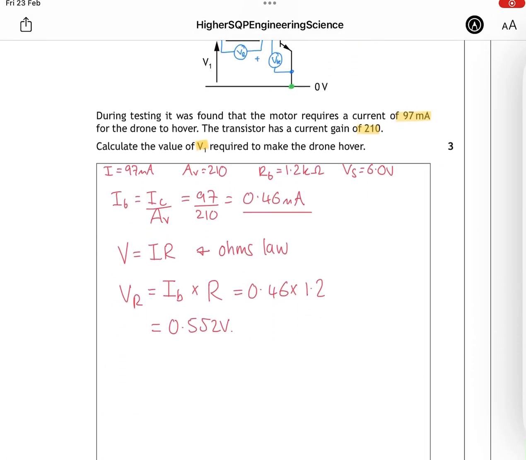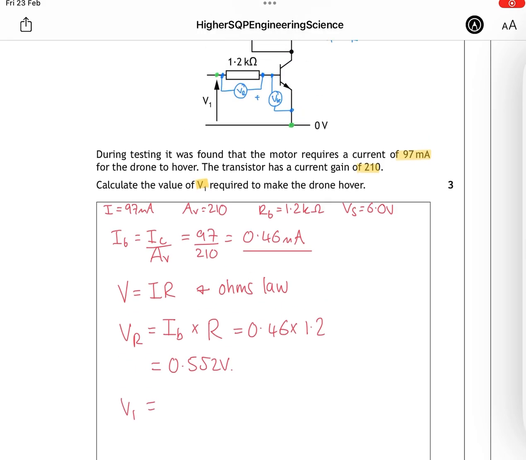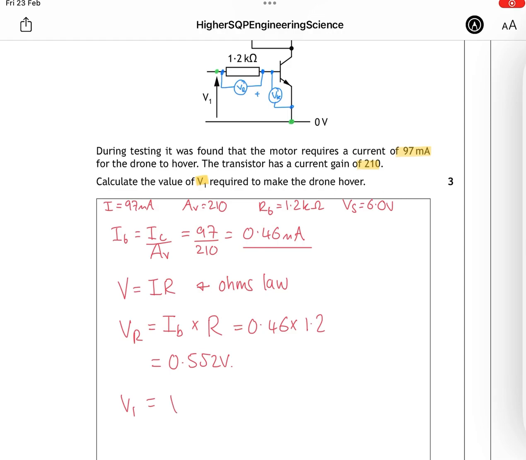That's where this next bit comes from. I can say that V1 is equal to, I'll just scroll up so you can see that there, the voltage over the resistor added to the voltage over the base and the emitter. We know that the voltage over the resistor is 0.552 because we've worked that out.